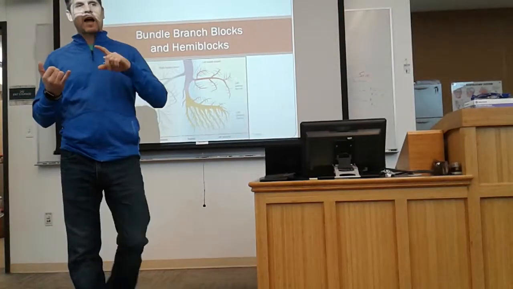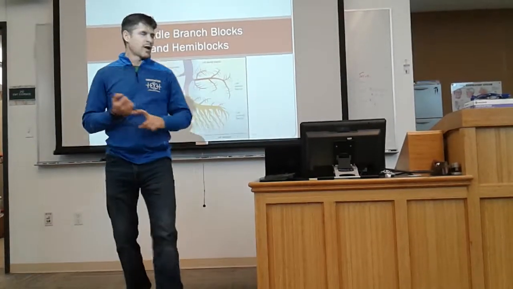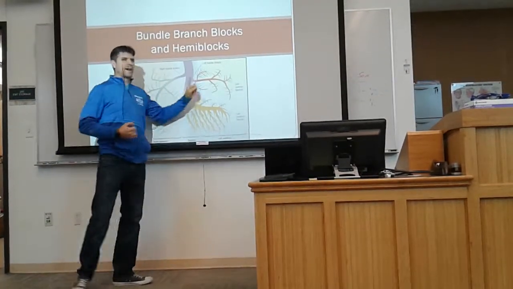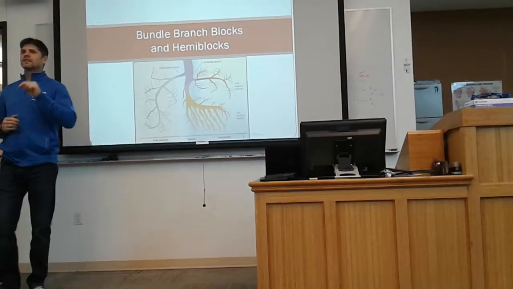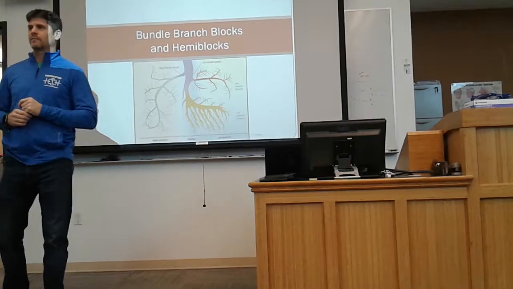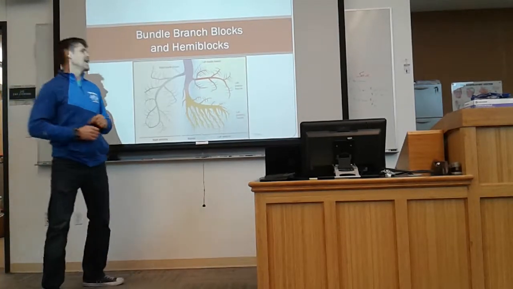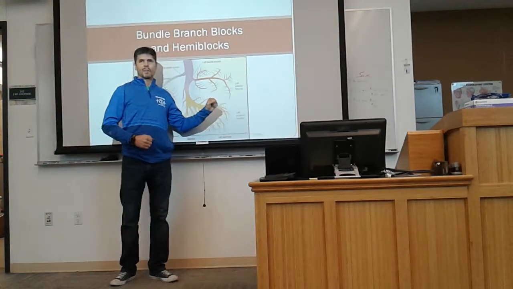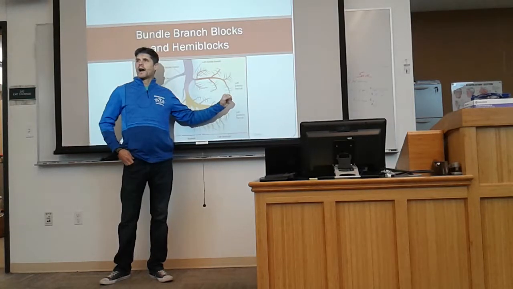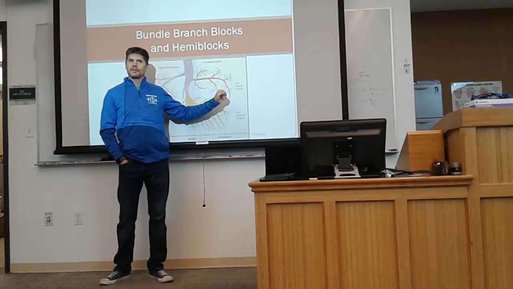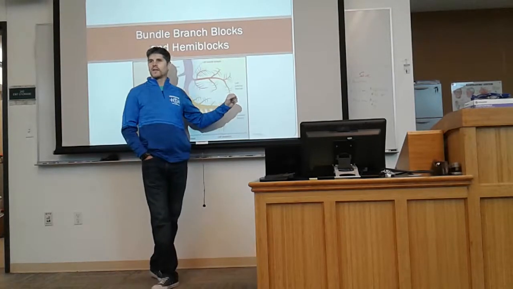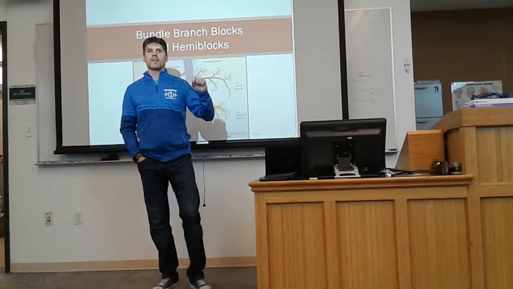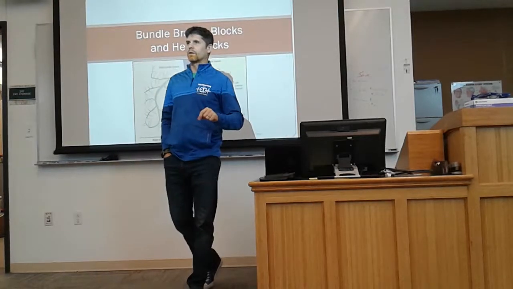One is that if you have a right bundle branch block, but a left-sided myocardial infarction, you can still enter them into a STEMI system. But if you have a left bundle branch block with a left-sided MI, you cannot, because you can't tell if they're having a left-sided MI if they have a concurrent left-sided bundle branch block at the same time.